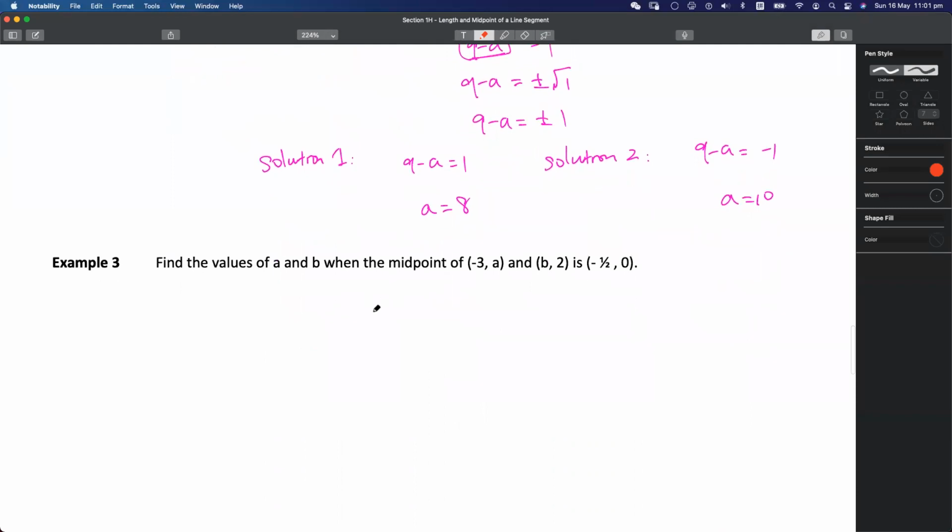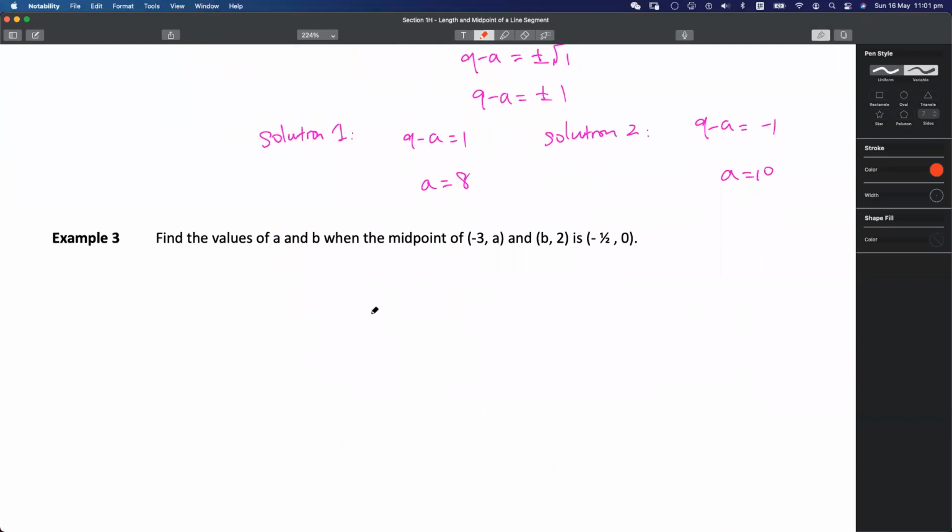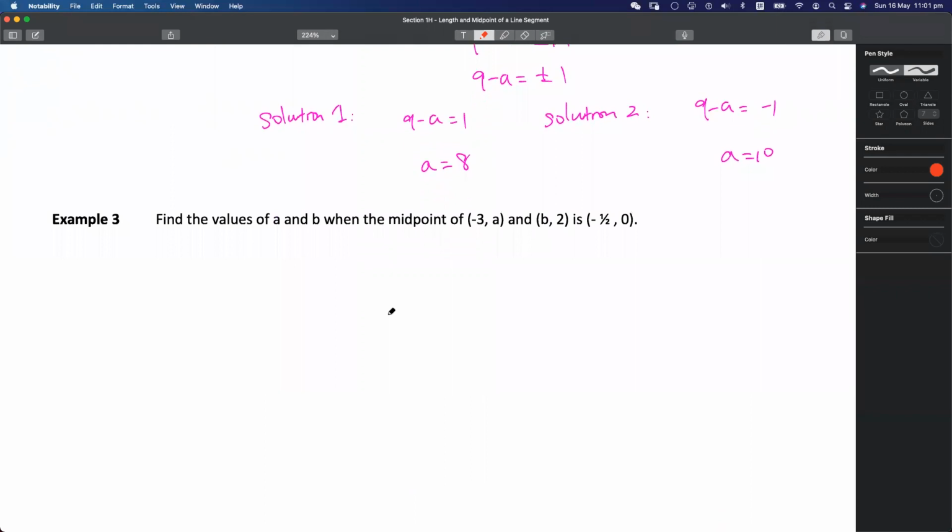Example 3, last example. Find the values of a and b when the midpoint of (-3, a) and (b, 2) is (-1/2, 0). So this is our x1, this is our y1, x2, y2. No matter what it is, you just apply your formula first and see what's going on.